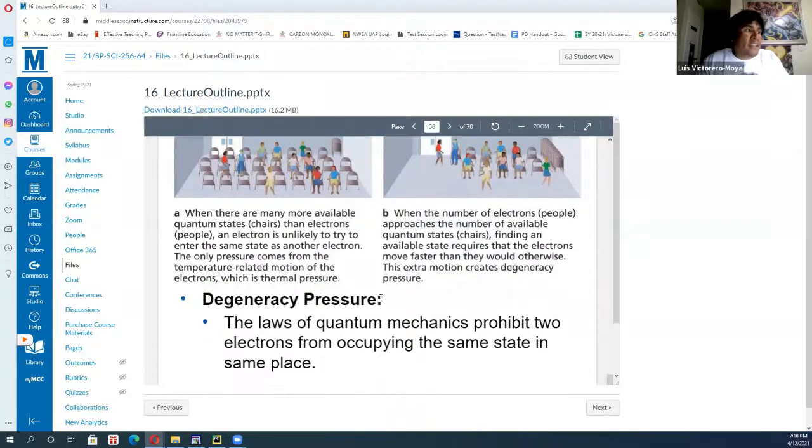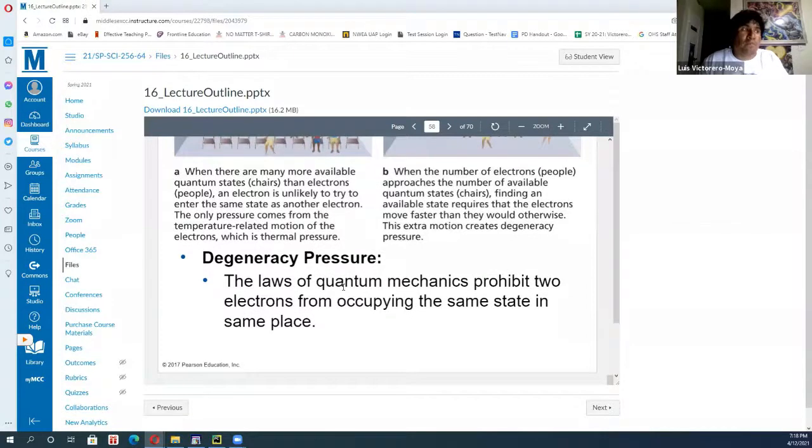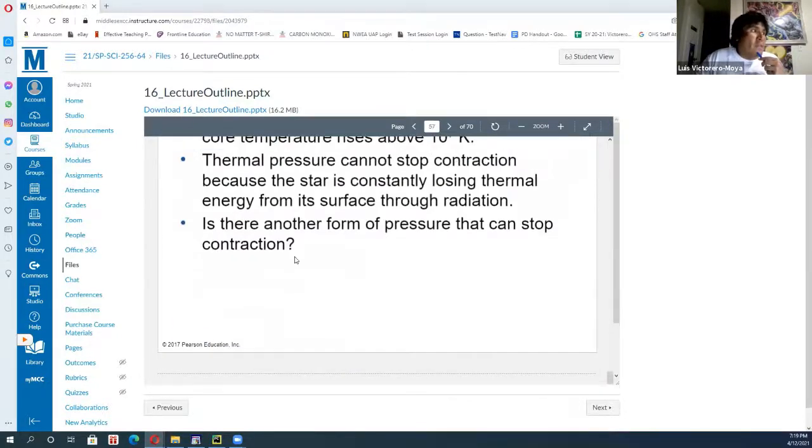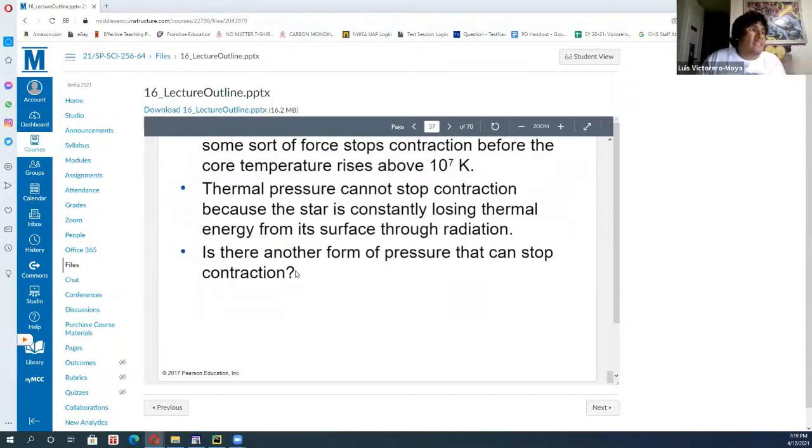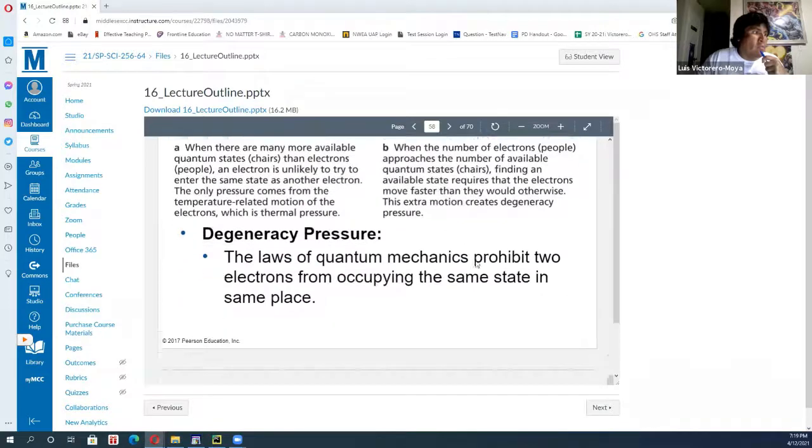This creates degeneracy pressure: electrons not being able to occupy the same state in the same place. These electrons moving faster produce higher temperatures and higher pressure. That, in combination with thermal pressure, can help slow the contraction of a cloud. That's another important aspect for star formation.